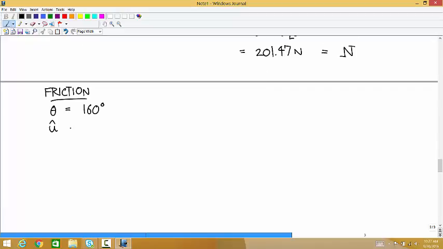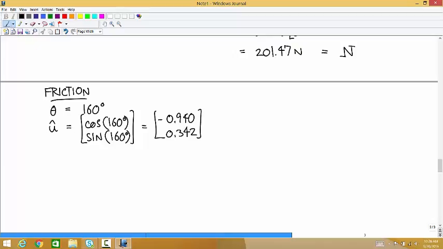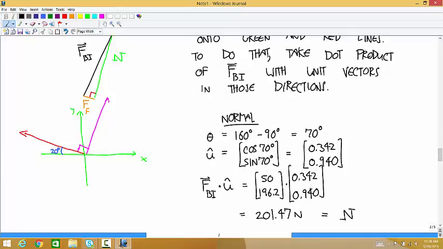So the unit vector is cosine and sine of 160, which is negative 0.940, positive 0.342. 180 to get there, and then backtrack 20.